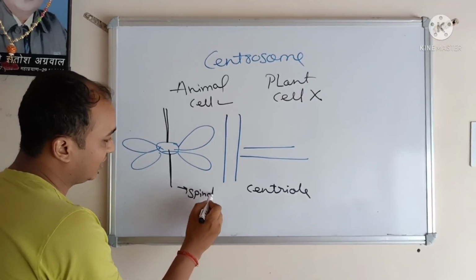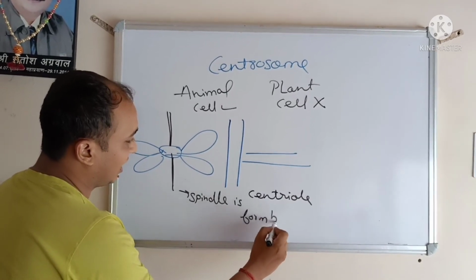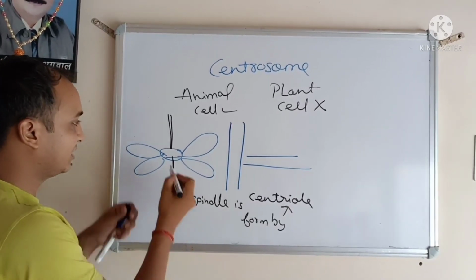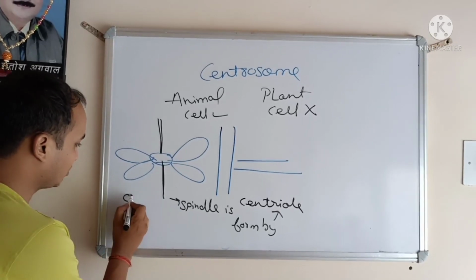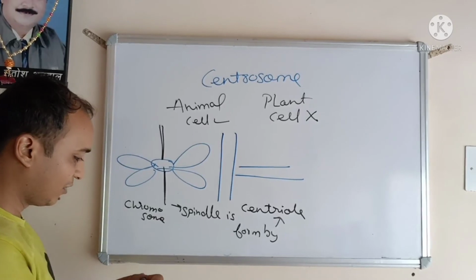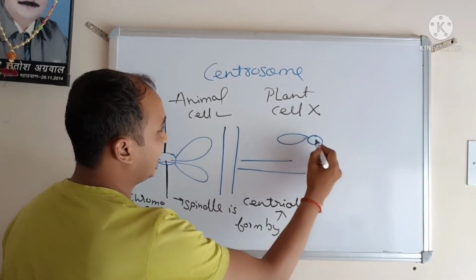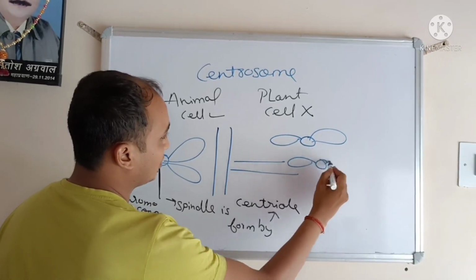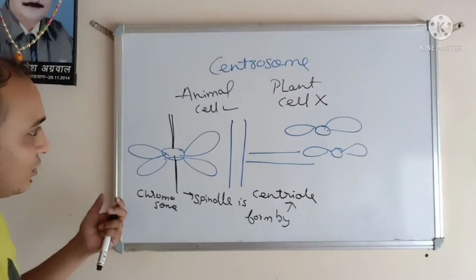This spindle is formed by this centriole, and this spindle separates the chromosome. This is a chromosome, and with the help of centriole the chromosome gets separated, and we have separate chromosomes. So centriole helps in division of chromosome.